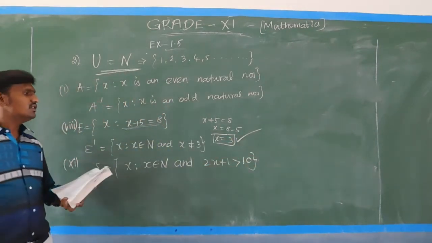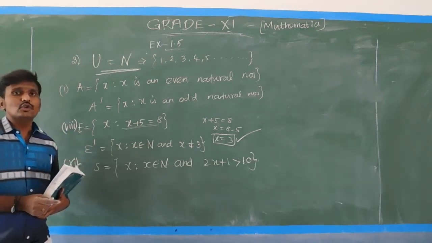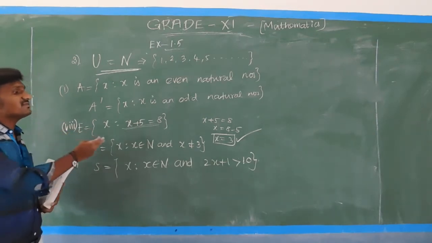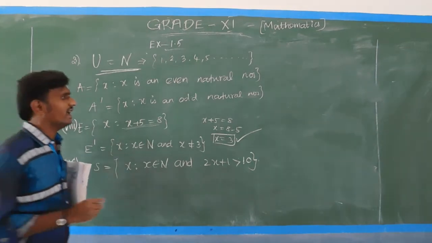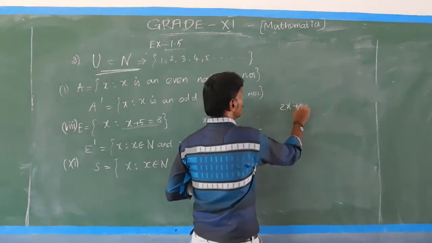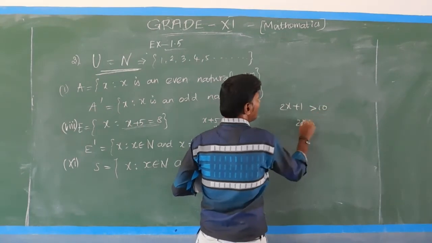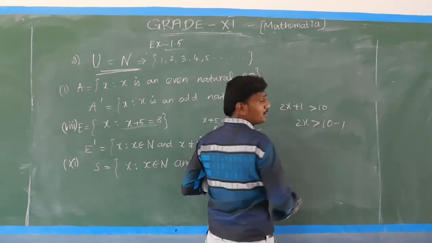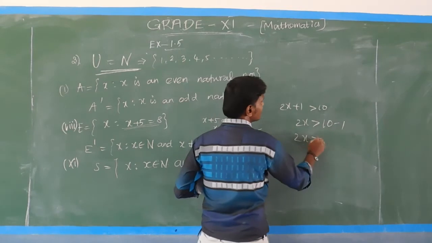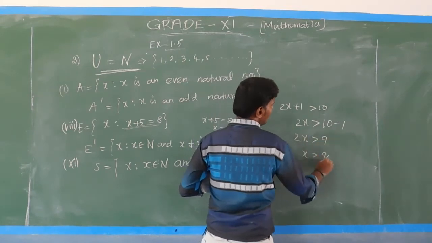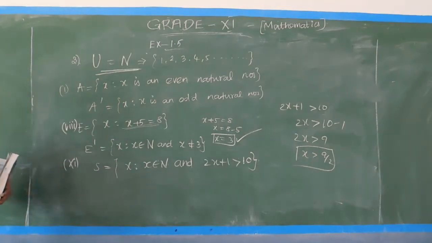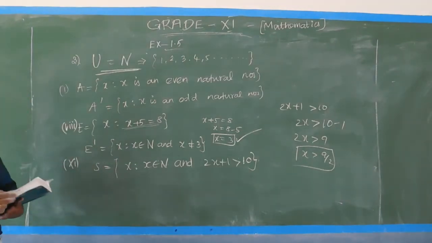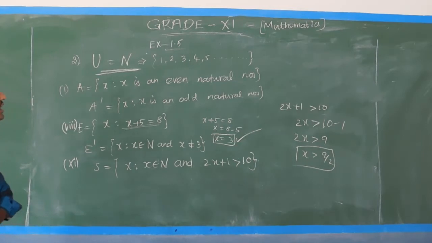First I want to find the solution of this, 2x plus 1 less than 10, and take the complement of that. 2x plus 1 less than 10, so 2x less than 10 minus 1. So 2x is less than 9, x is less than 9 by 2. So how to write the complement? Okay, finished. Have you got it, children?